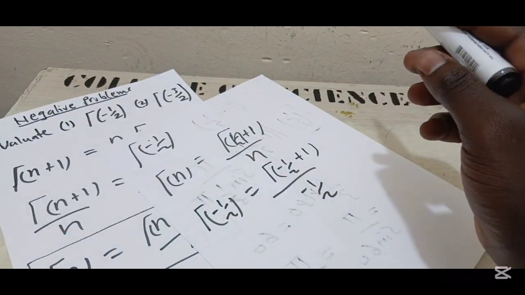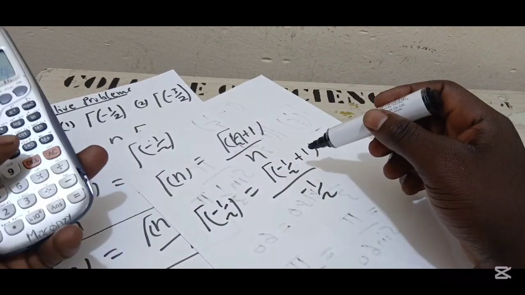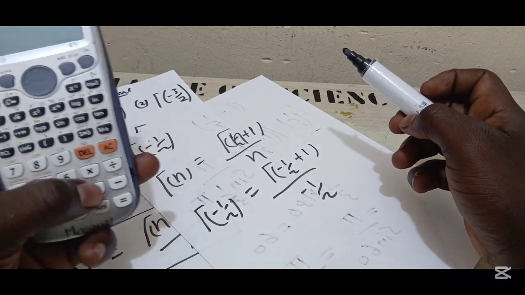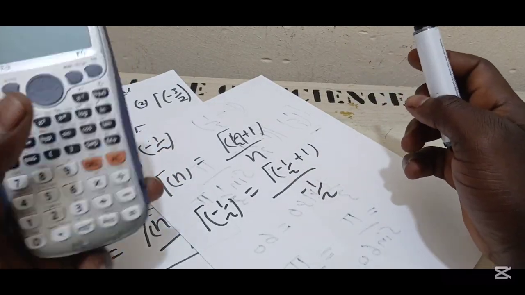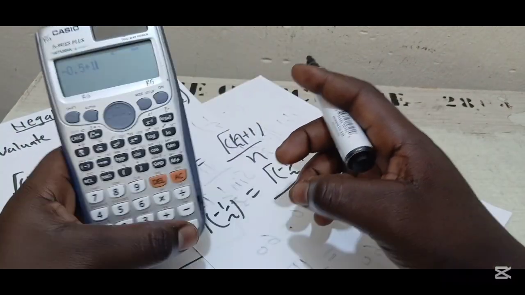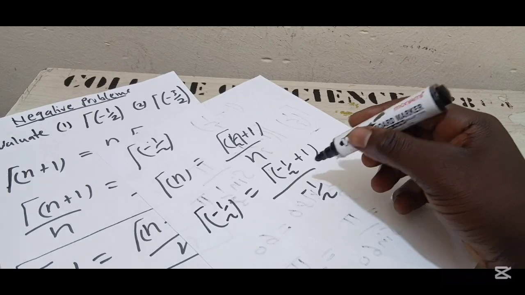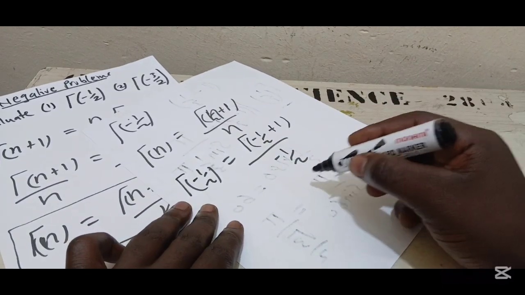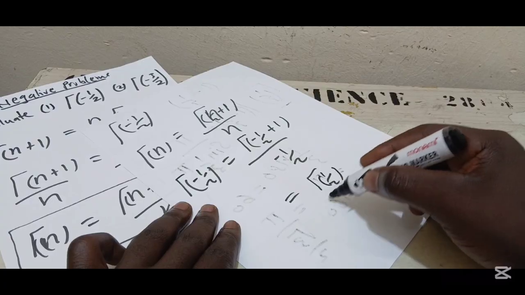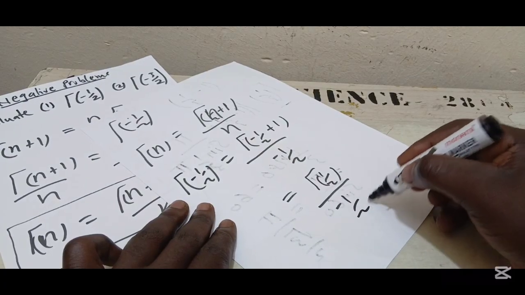So for negative problems only, you are able to simplify this. So minus half plus 1 is going to give us what? Half. So this term right here becomes half for negative problems. So gamma half all on minus half.